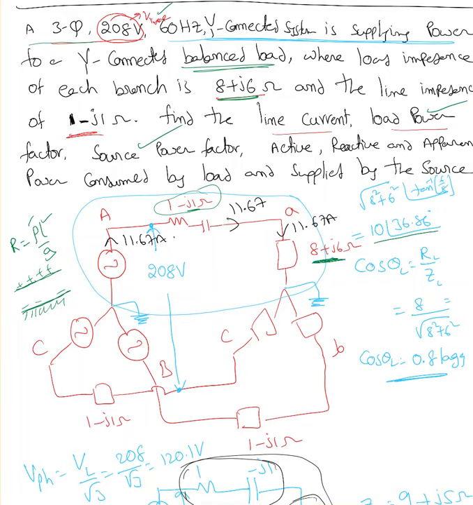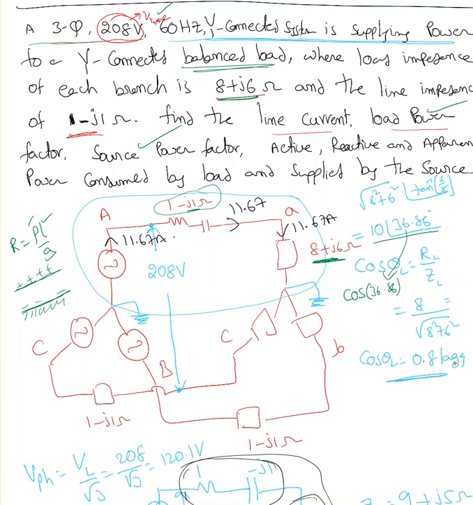Converting that into polar format: square root of 8 square plus 6 square, at an angle of tan inverse of imaginary over real, 6 over 8. So 10 at an angle of 36.86. The load power factor is nothing but RL over ZL, or cos of 36.86, the same angle.